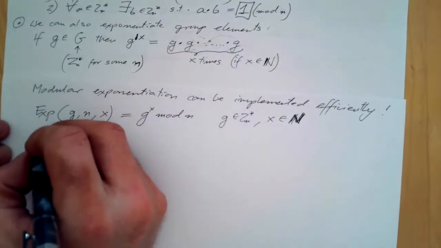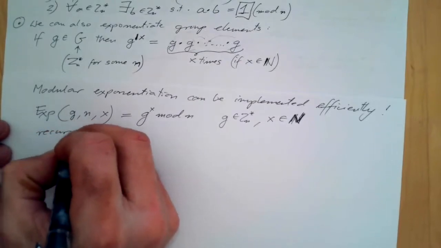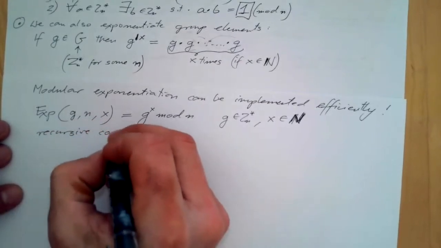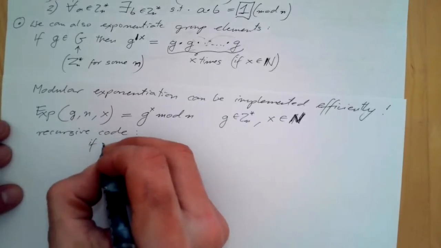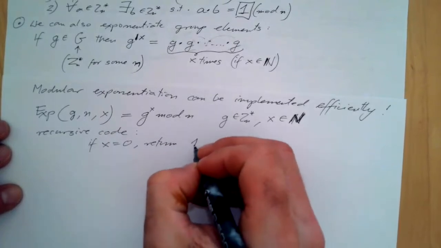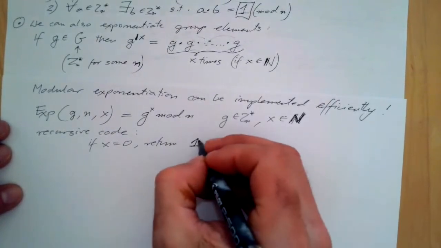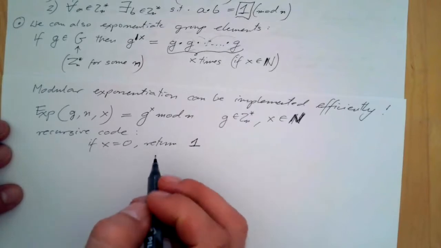This can be done recursively. The recursive code can be like that. If X is 0, return 1, right? So G to the 0 is always 1.